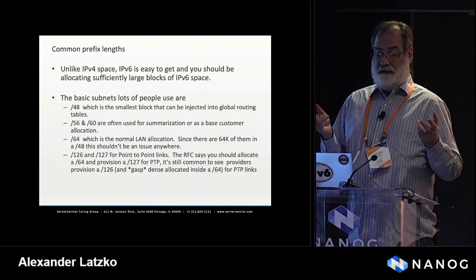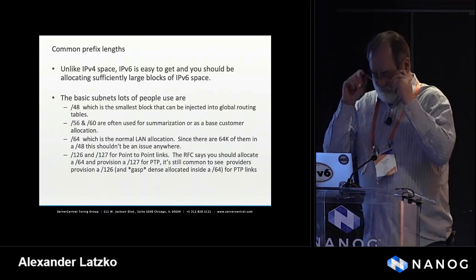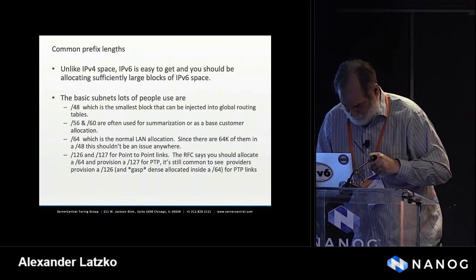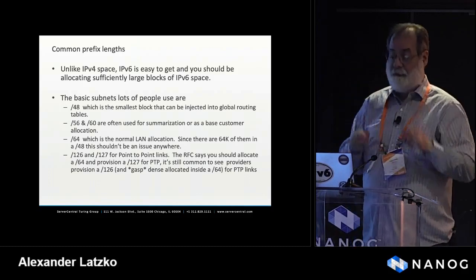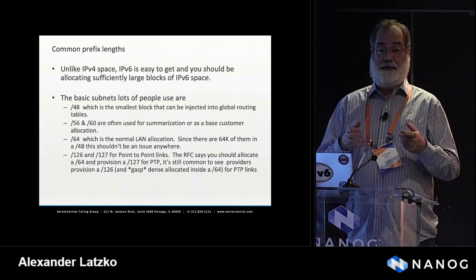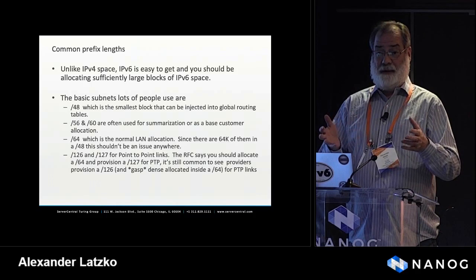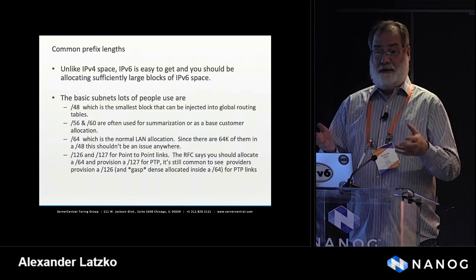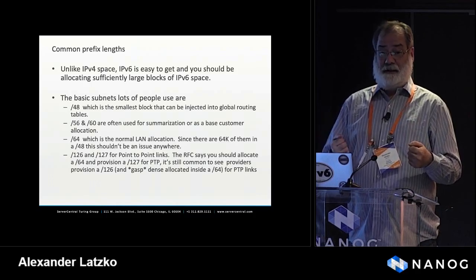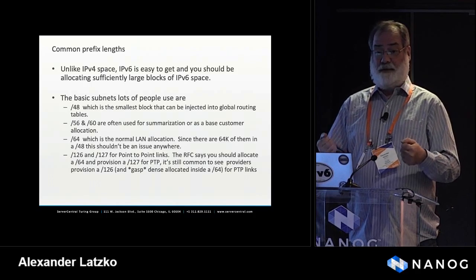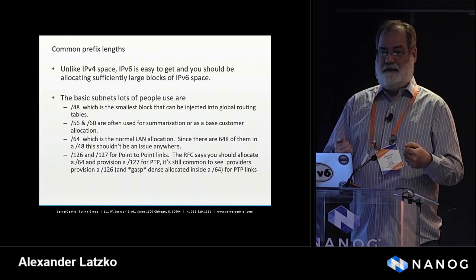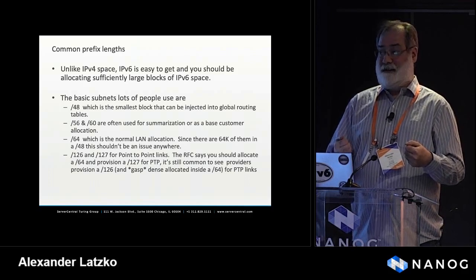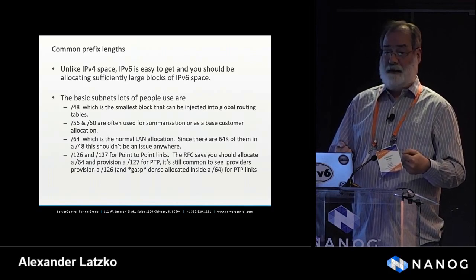Point to points. There's an RFC. I thought I had my notes. I guess I don't. Anyway, there's an RFC that says you should use a /64 as your basic VLAN or your basic host, and a /127 as your basic point-to-point. I can't think of any modern implementation of v6 that doesn't support /127s.